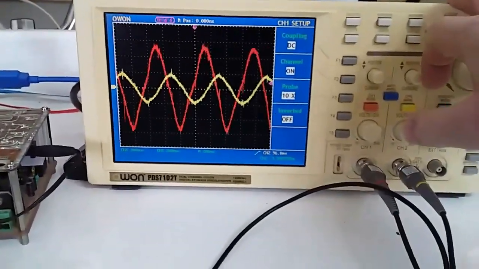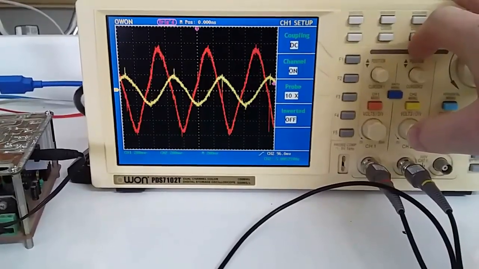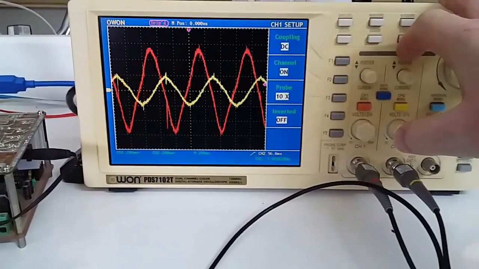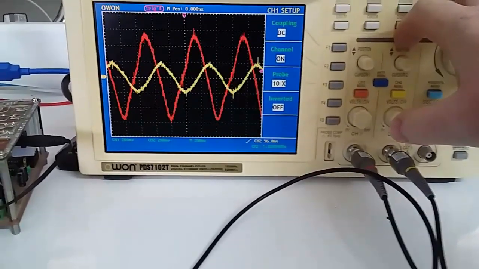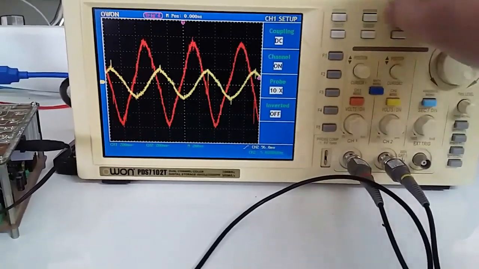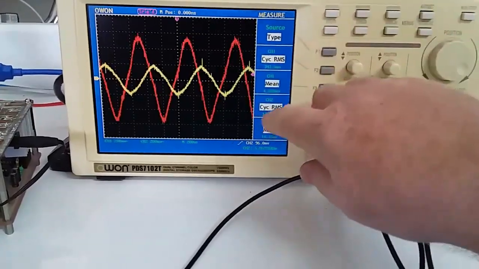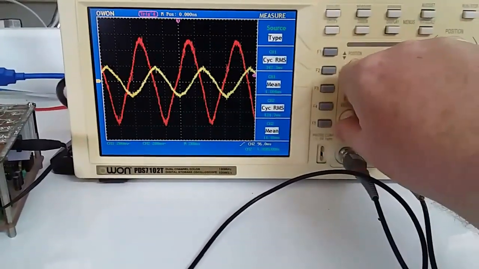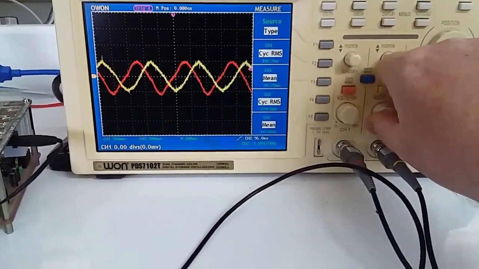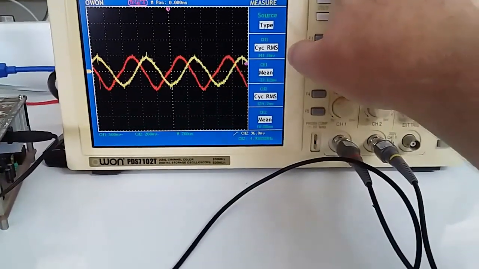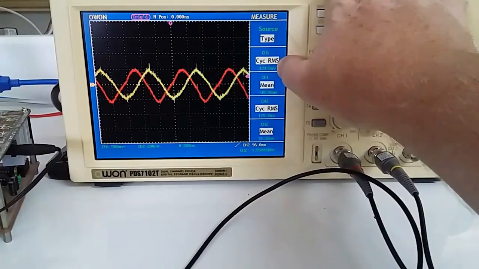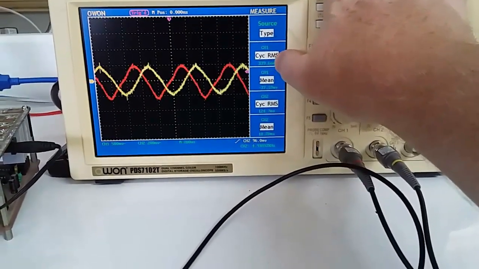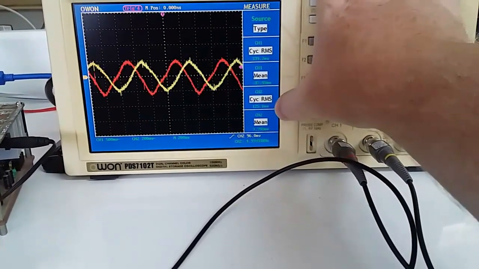So this is what I wanted to point out. This is something that is contrary to some beliefs of some people. We have a huge difference in current. If we even just bring it down just a little bit so we can sort of see, RMS current here is 339.